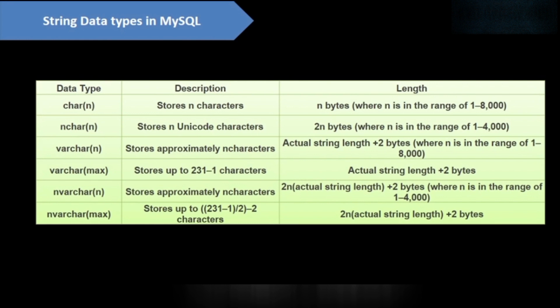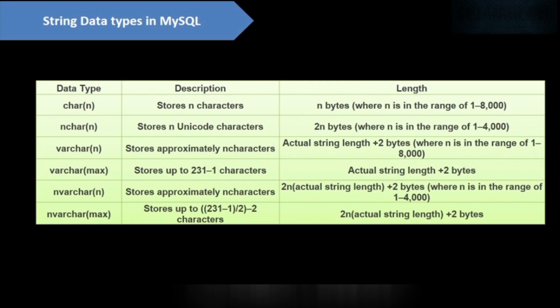We also have varchar max. What is varchar max? It stores up to 2^31 - 1 characters, actual string length plus 2 bytes. Now we have nvarchar. It stores approximately n characters, and 2n actual string length plus 2 bytes, where n is in the range of 1 to 4,000.